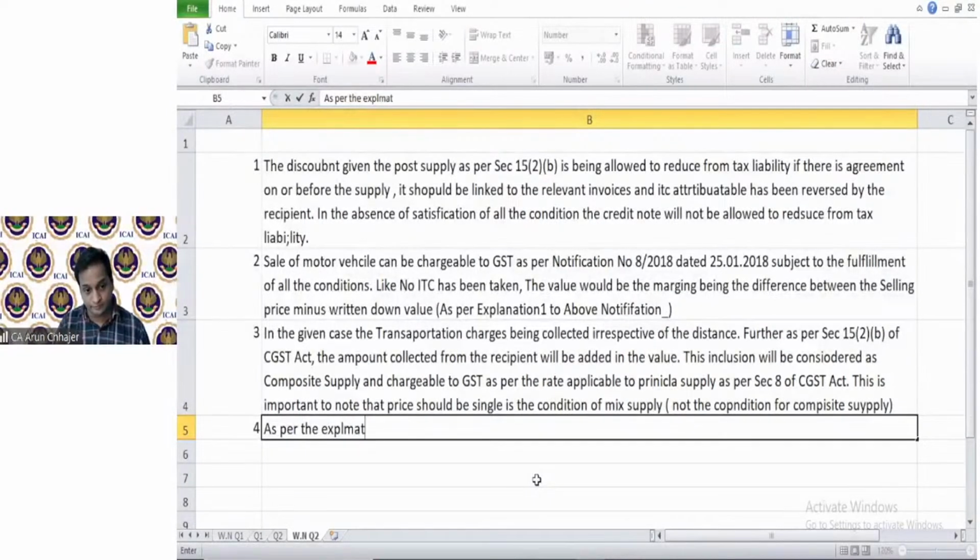explanation to section 15 of CGST Act, the employer and employee are related parties.